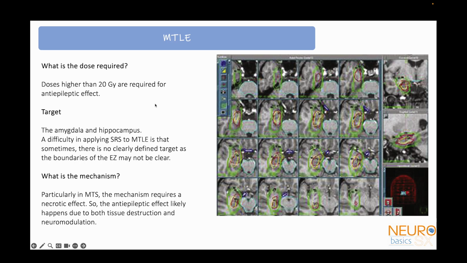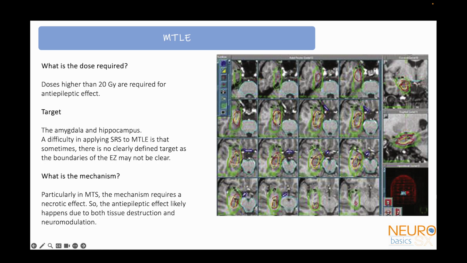It has been found that at least 20 gray is required for an anti-epileptic effect in MTLE. The target, as you would expect, is just the amygdala and the hippocampus. But a big problem with SRS being applied to MTLE is that in some of these cases, the seizure focus is not always just the amygdala and the hippocampus. And sometimes defining the exact location of the epileptogenic zone can be quite difficult.